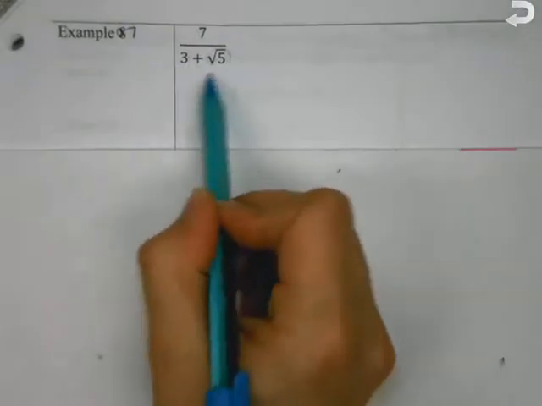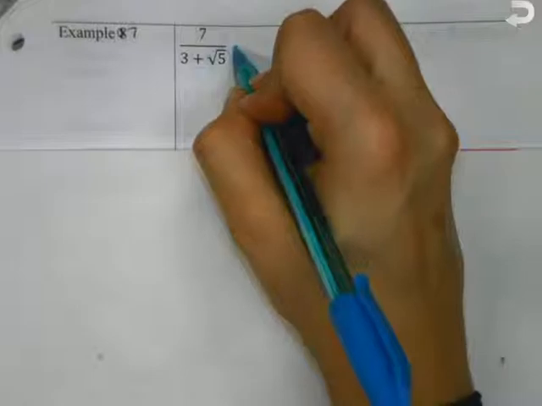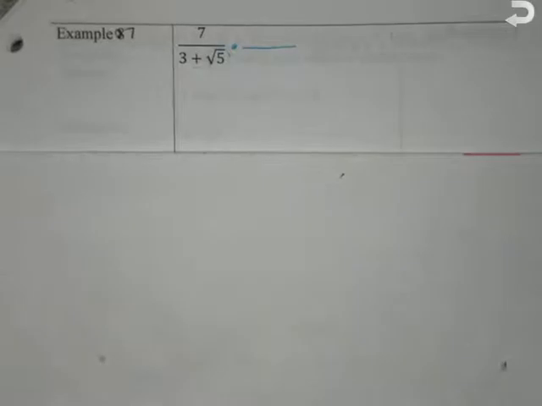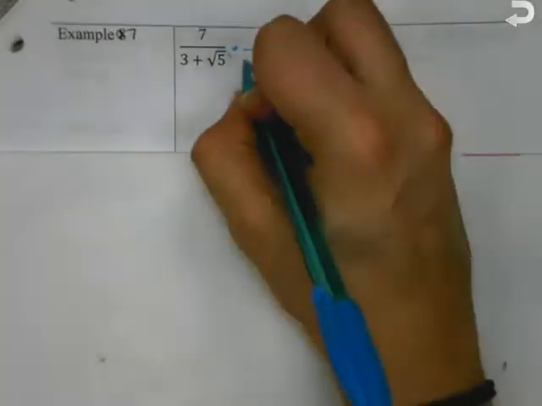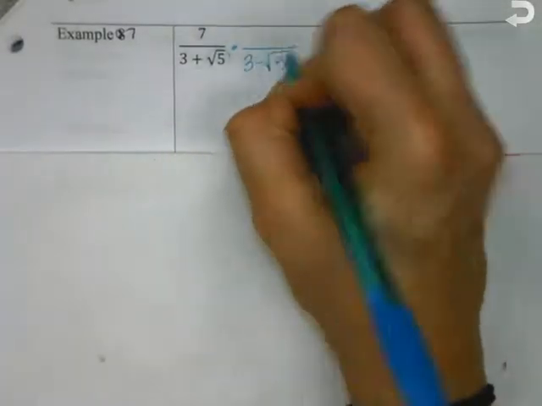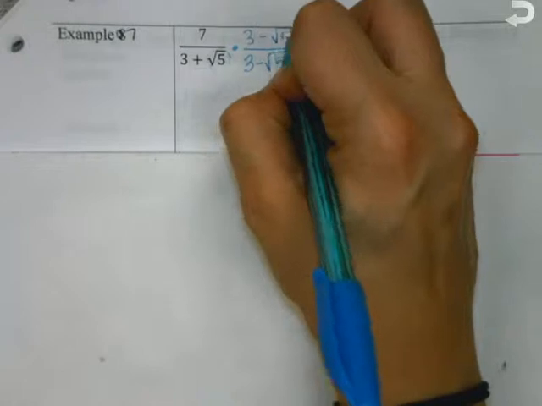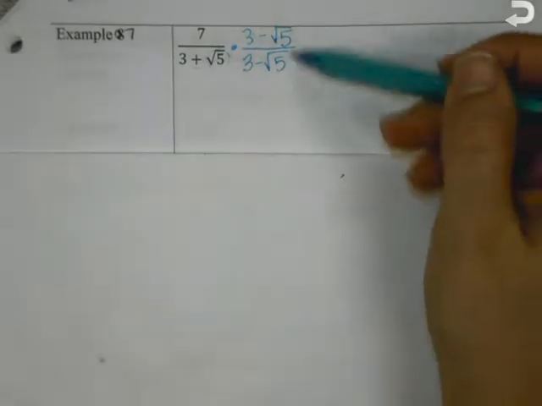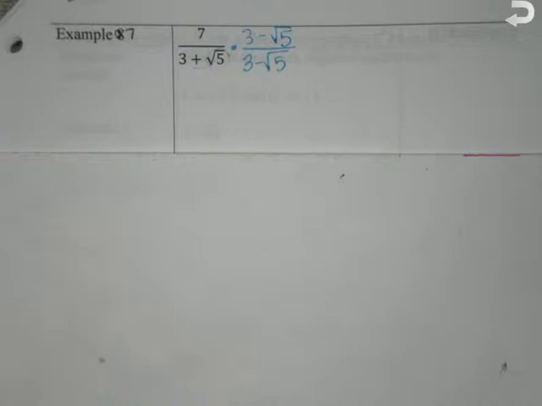If I have 3 plus root 5, what would the conjugate of that be? 3 minus root 5. So same kind of idea, we have to multiply top and bottom by the same thing because those end up reducing down to 1, so it's not actually changing the value, it's just changing what it looks like. I suggest that you put all of these in parentheses.